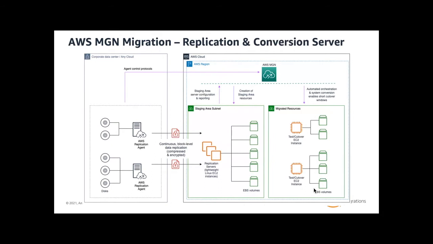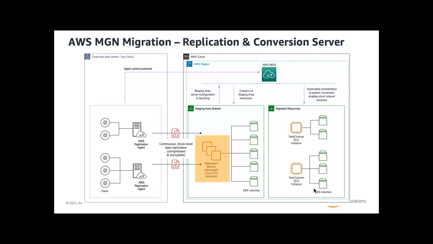The conversion server, this is an important piece. The replication server, as I just mentioned, is usually a small Linux instance, but you can determine the size and the type of instance that you're going to be leveraging for that.